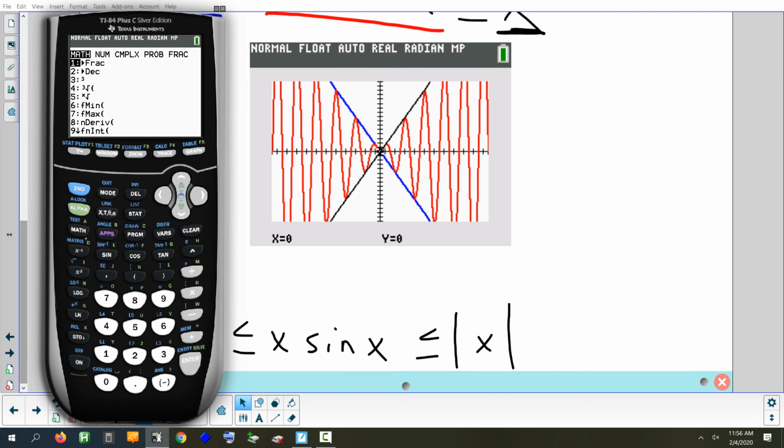And we're going to go math, number, absolute value x. Now, if you don't have color on your graph, this one might look a little confusing because of the one we just did. I'm going to graph it, and I want you to compare the one that I'm graphing now to the one that I did before.